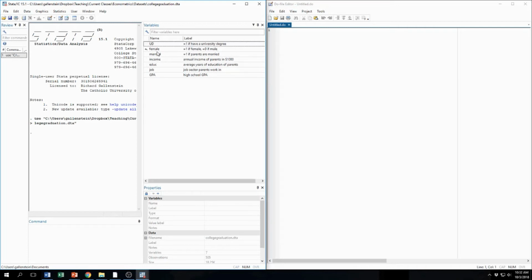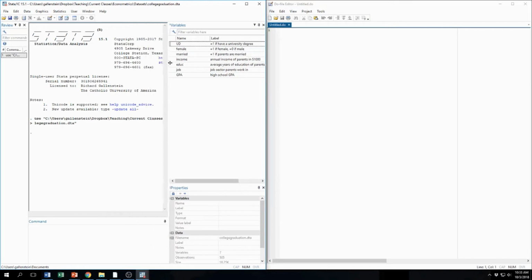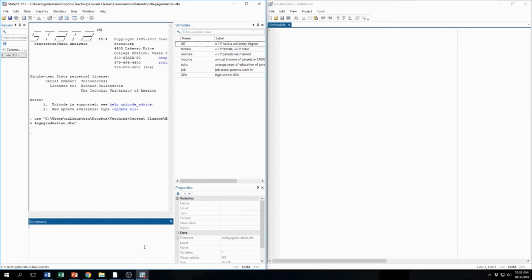And so now I am going to want to generate a model that will determine the factors that drive the probability that someone has a university degree or not. Now let's just confirm that this university degree is a binary variable. I'm just going to do tab UD.